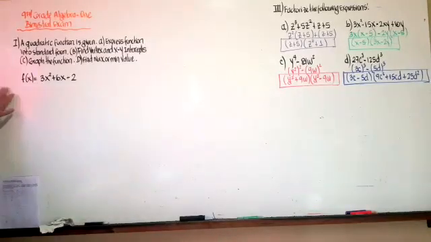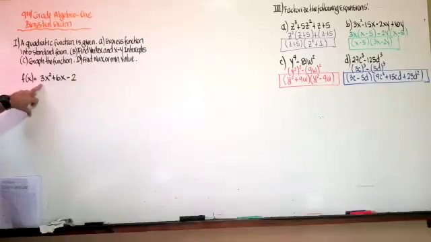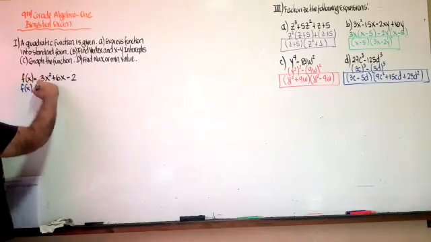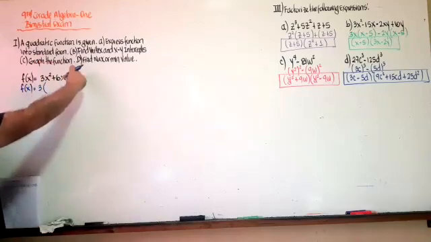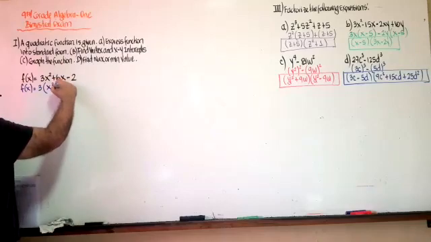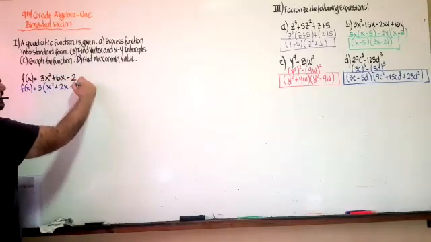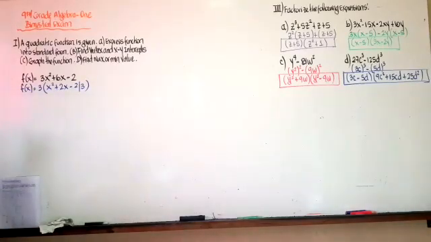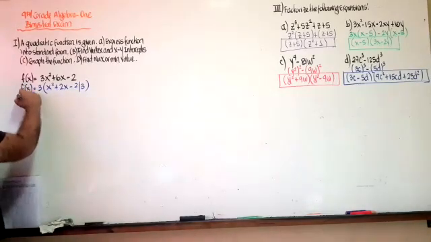Remember, before applying completing the square, make sure the leading coefficient, I mean the number next to the x squared variable, is supposed to be 1, but in this case it's the number 3. So we can take the common factor, the number 3, open parentheses, and the entire equation divided by 3. We get x squared plus 2x minus 2/3. Now we can proceed to complete the square.